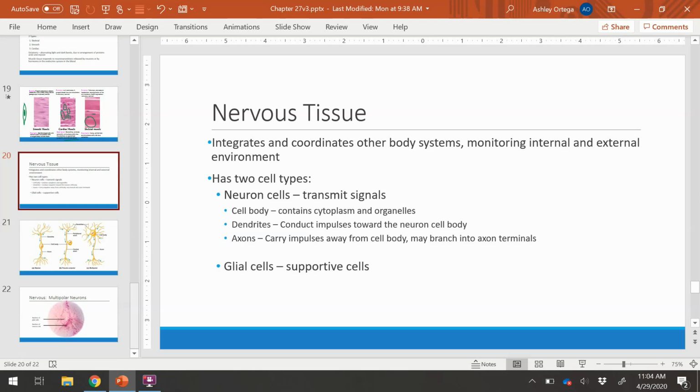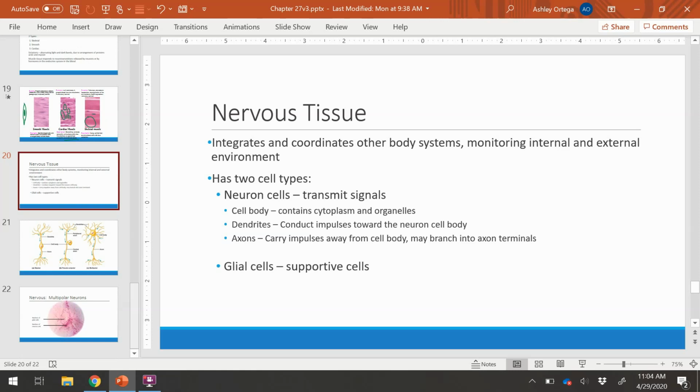And so for the neuron cell, we'll look at its different aspects. It's composed of a cell body, like any standard cell, but it's going to adapt to have the dendrites and the axons.